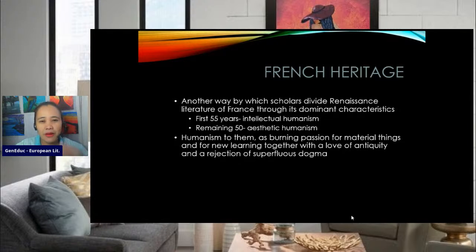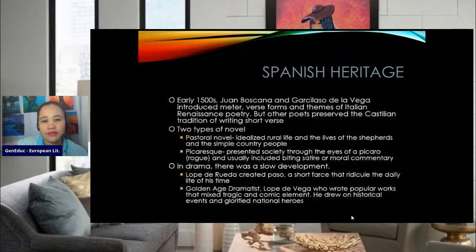People are entertained in aesthetic humanism. So what will make the people happy? How to entertain or have fun with the people. This is aesthetic humanism. Humanism to them was a burning passion for material things and for new learning, together with the love of antiquity and a rejection of superfluous dogma.